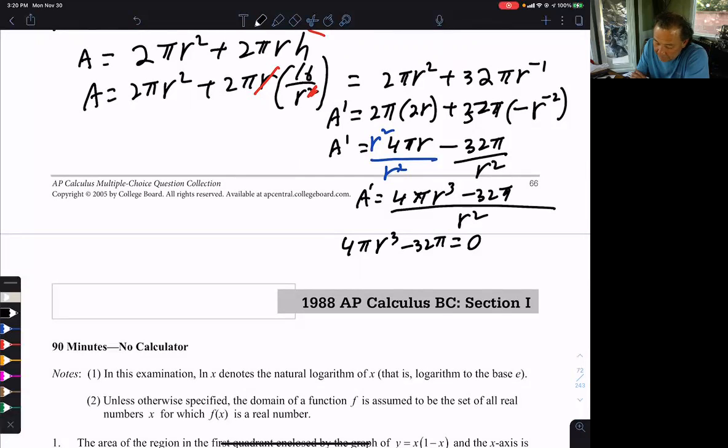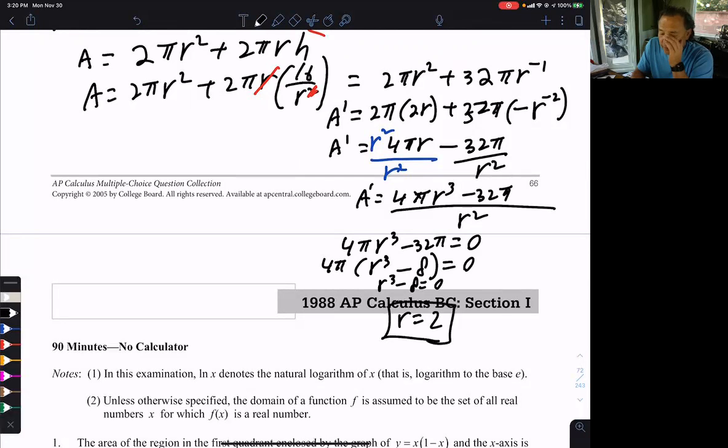I'm going to factor out 4 pi. That's going to leave me r cubed minus 8 equals 0. I get r equals 2. Add 8 to both sides and cube root. So that's my critical point.